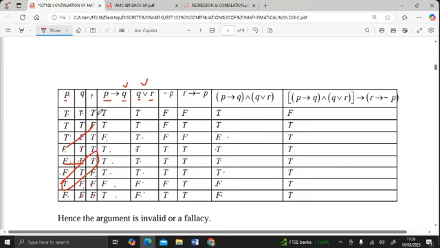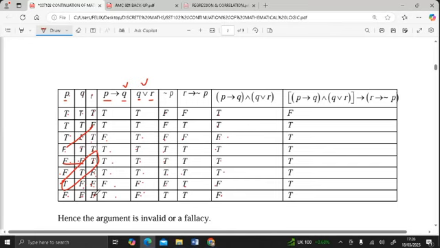So we have implication. An implication is only false when R is true and negation P is false. Look at this carefully, that is false. This one is true. Yes, this one true, true, true.